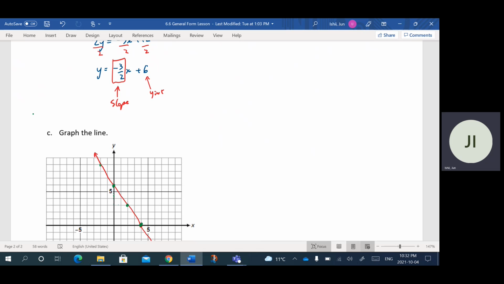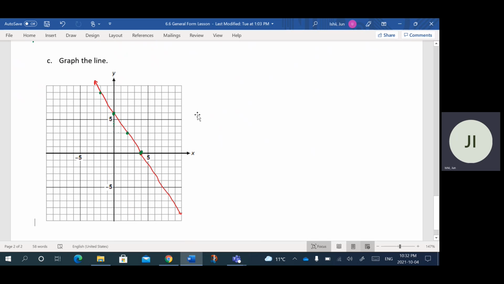I can go up 3 over 2, or I can go down 3 over 2 and so on. You can see that the points I get when I start at the y-intercept and go down 3 over 2 do hit the points that I graphed with the 2 intercepts, the x-intercept and the y-intercept.